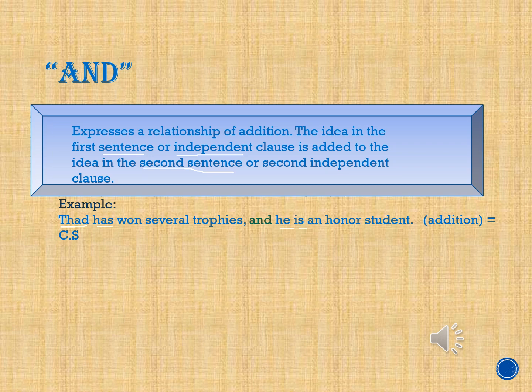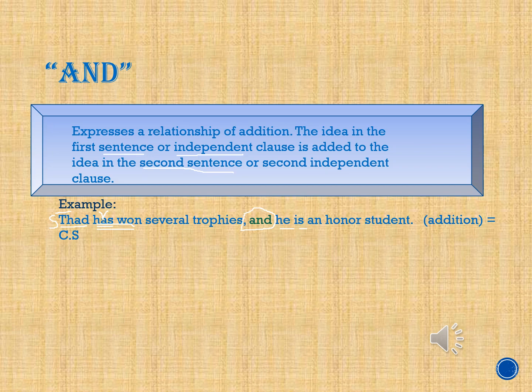So, Thad has won several trophies, right? Can you see that? Thad is my subject, has is my verb. Actually, has and won is only one verb. Several trophies is my object. And then I have my comma, and he is an honor student. And is my coordinating conjunction.